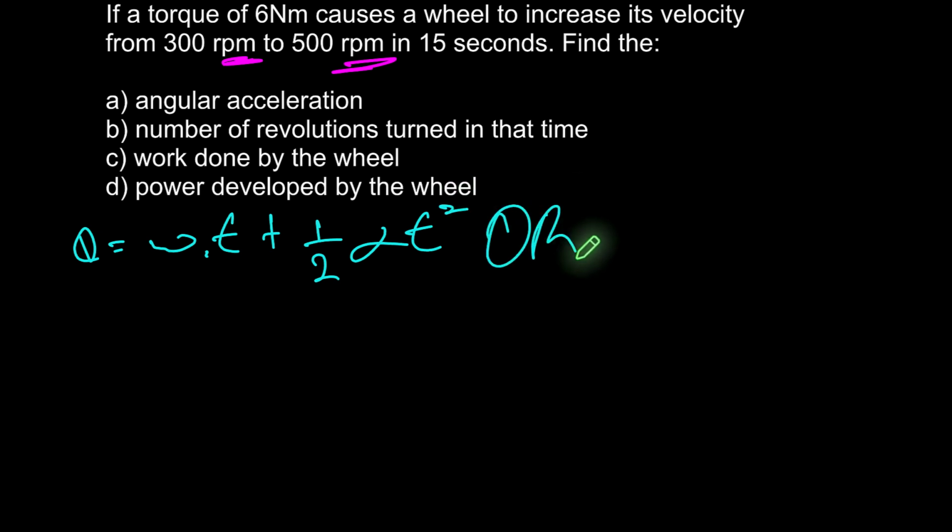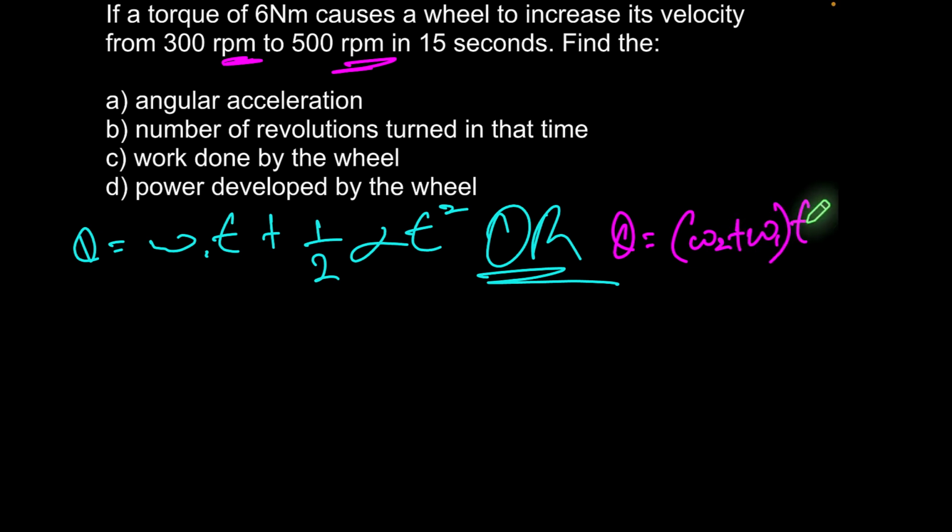Or we have another option. We can use theta equals omega 2 plus omega 1, multiplied by time, and we do all of that divided by 2, because it's really the average speed that we're working out here, or the average displacement rather.